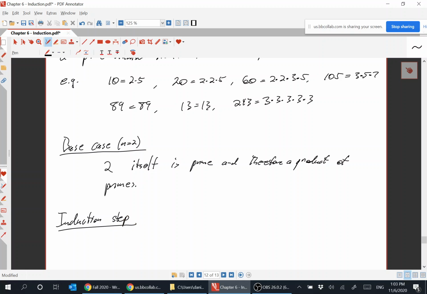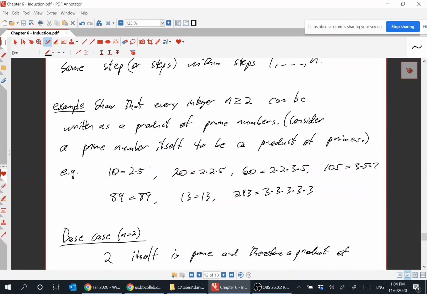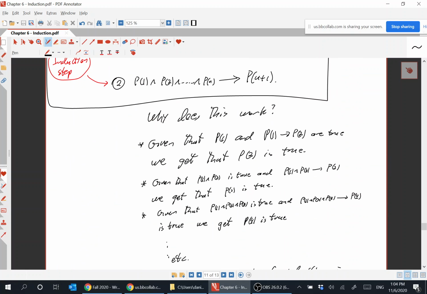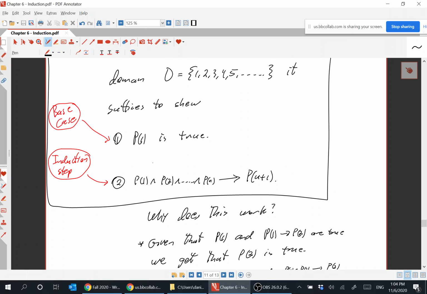So writing the induction hypothesis in a readable fashion is going to require you to use quantification. So the induction hypothesis. Here we're starting not at 1 but at 2.